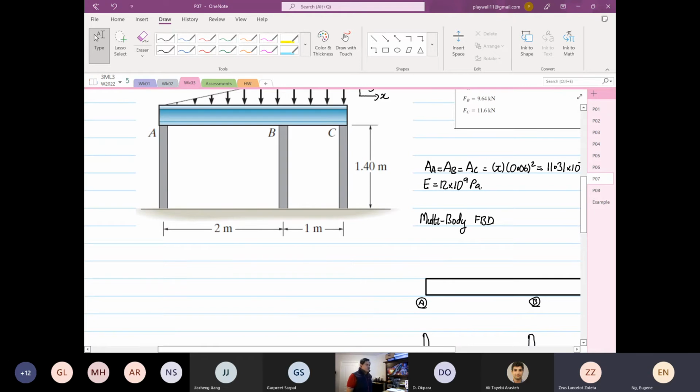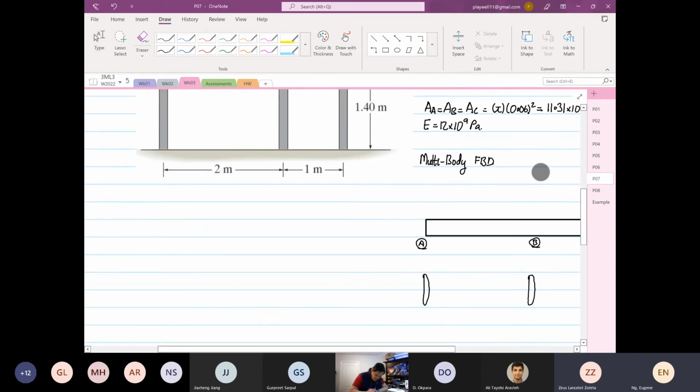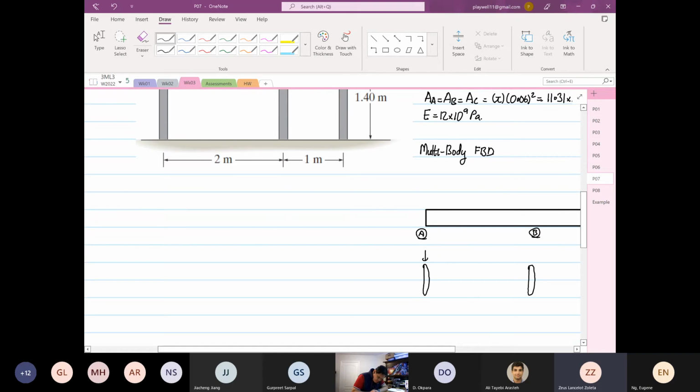Do you think it will go into compression or tension? Anyone? Should be compression. Yes, you're absolutely right. They will all go into compression.